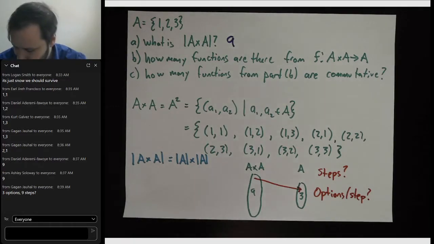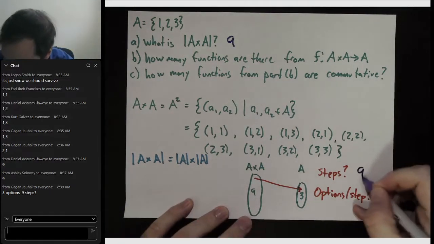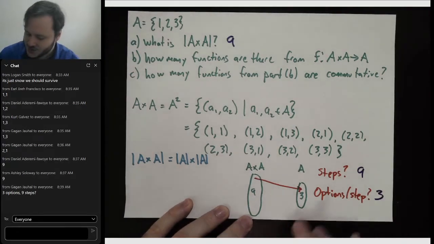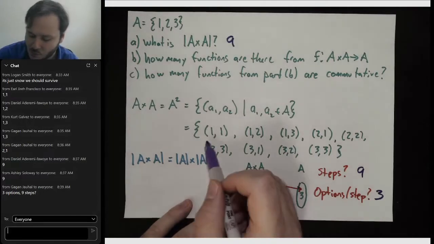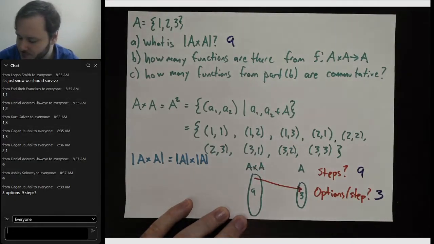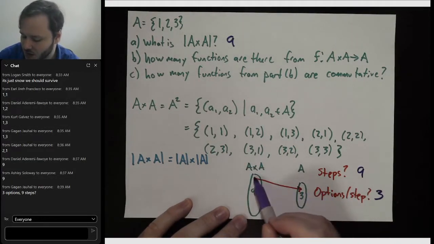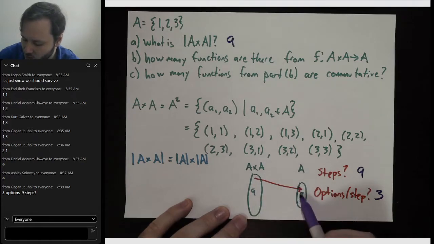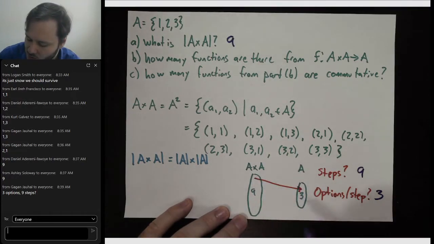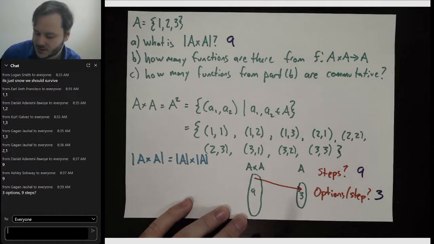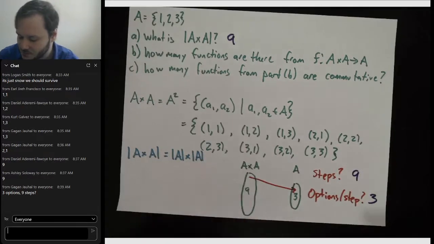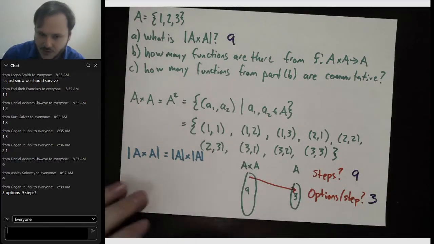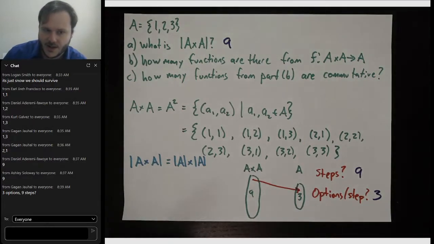Good. 9 steps, 3 options on each step. This is step 1. I've picked the element maybe (1, 1). We'll put that one first. I've got 3 options. (1, 1) can be equal to 1, (1, 1) can be equal to 2, or (1, 1) can be equal to 3. 3 options for that one. 3 options for the next one, the next one, the next one, the next one. So, putting that all together, how many functions are there?